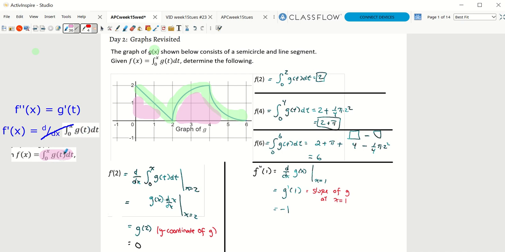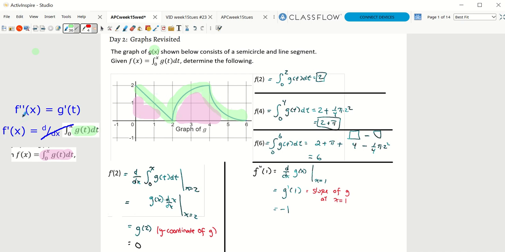If this was the area bounded between the graph of g, the green, and the x-axis, which is the pink, then when these cancel each other out and you're only left with g of t, it's not the area anymore, it's the function itself, which is the green curve. So on the second floor, when you take the derivative, you just get g of t, which is the curve itself.